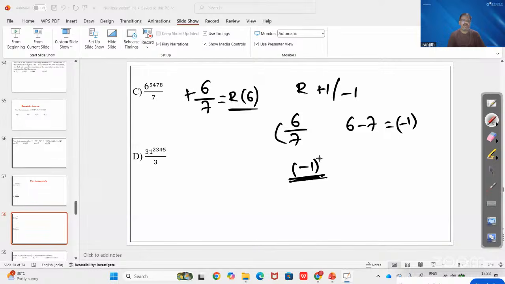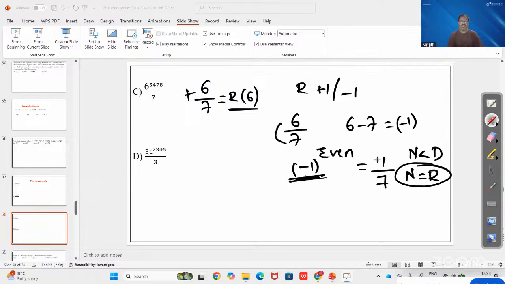The power is an even number. -1 to the power of an even number will be equal to 1 only. 1 divided by 7, the numerator is less than the denominator. Whatever the numerator we are having, that will be the remainder.